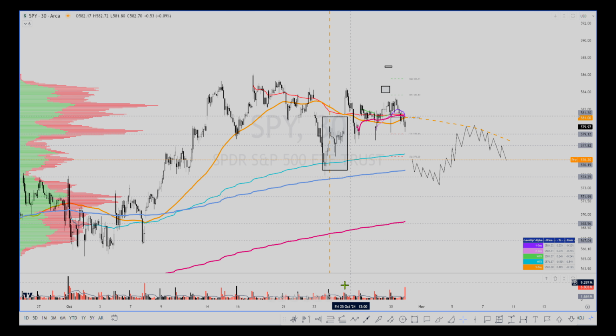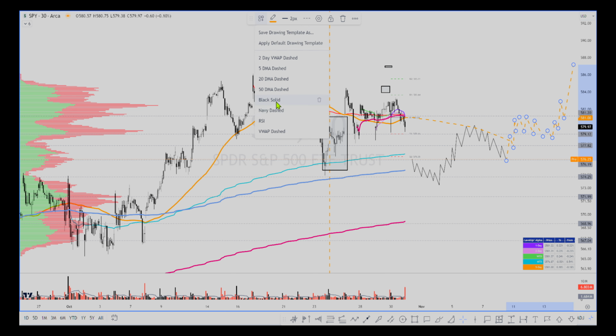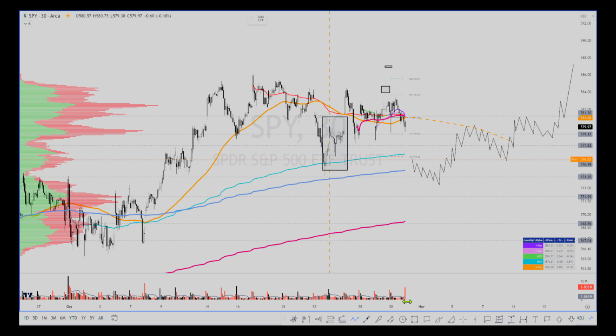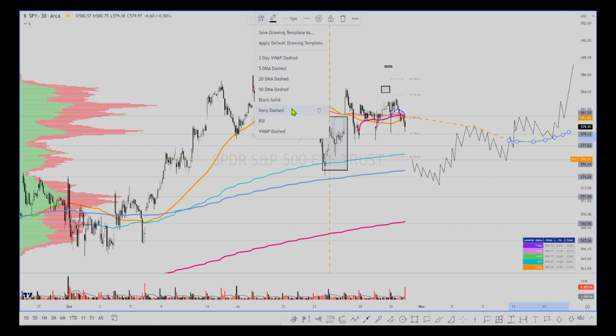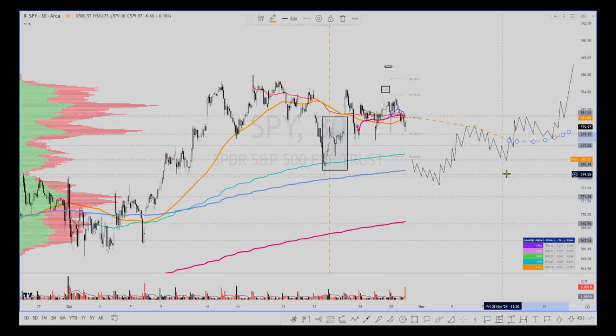And then we could potentially start to see something rally back up above it, come back, then that could fuel the longer term uptrend again. So that would look like this in the mapped out scenario. So we could potentially get something like this in the upcoming days and trading weeks.